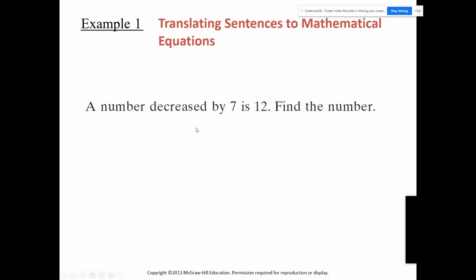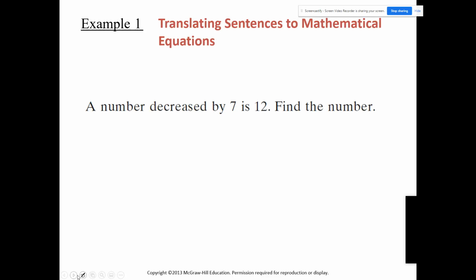All right, so now let's actually go through the flow chart and solve some of these. So a number decreased by 7 is 12. So the first step of the flowchart is to read through it and familiarize yourself with the problem. So a number decreased by 7 is 12. Find the number.